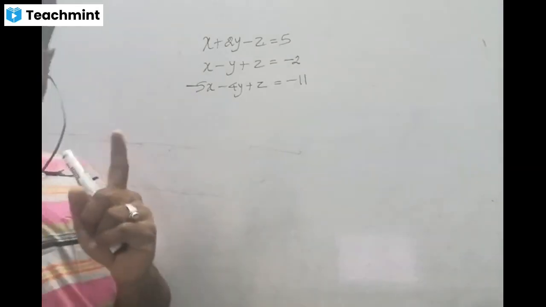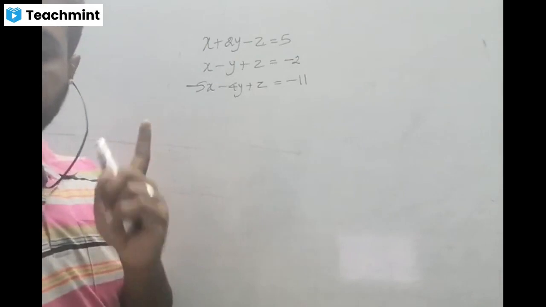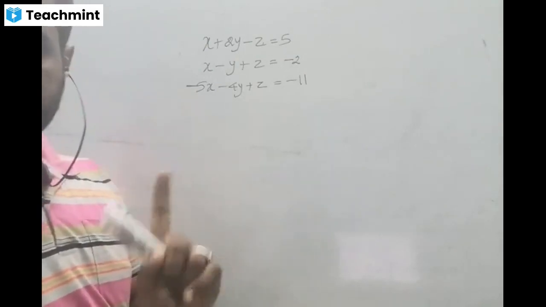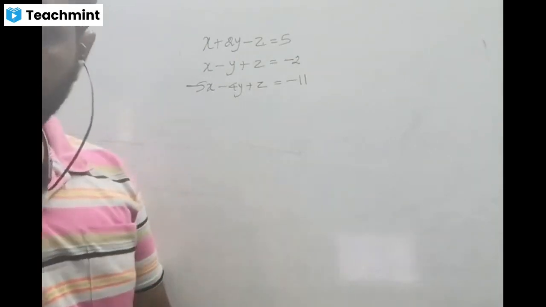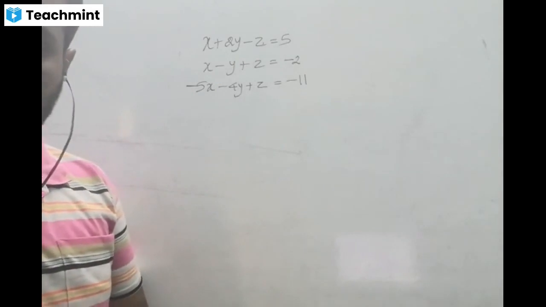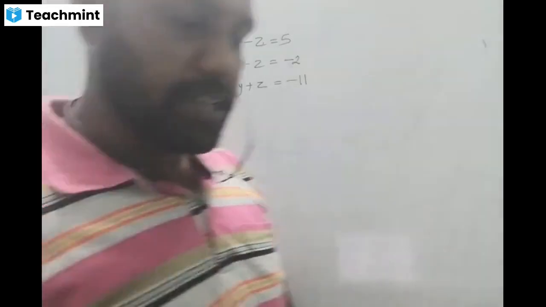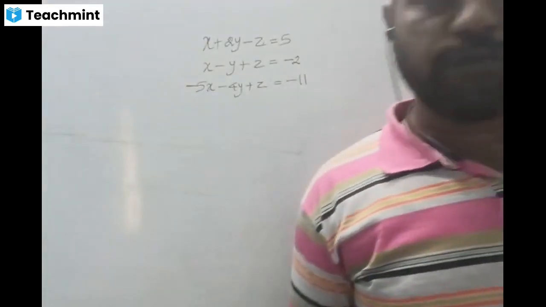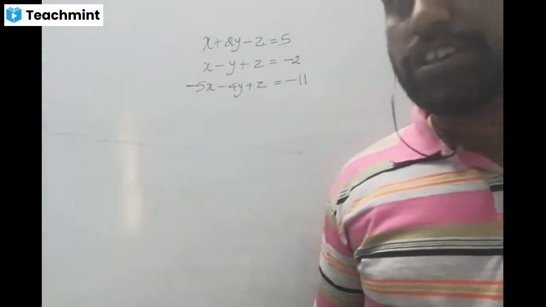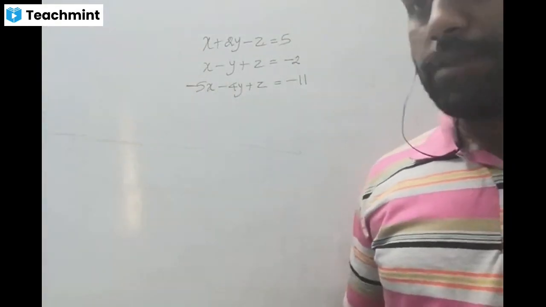Now, can you find equations 4 and 5 by eliminating the variable z, as we discussed in the last one? Can you find it? Yes, sir. Please find equations 4 and 5 by eliminating the variable z.